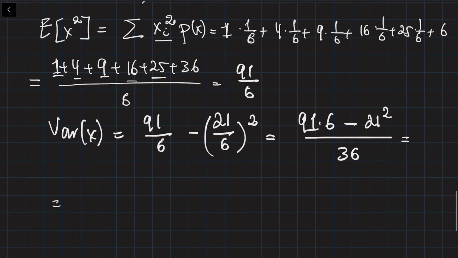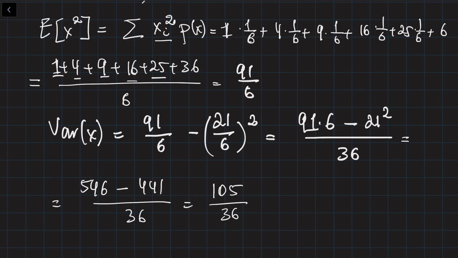I need a calculator. That's 546 minus 441 divided by 36. It is 105 divided by 36, and it's going to be roughly 2.92.